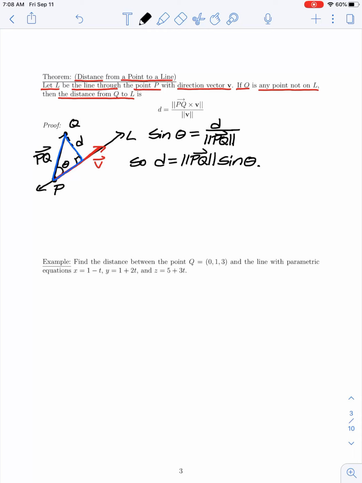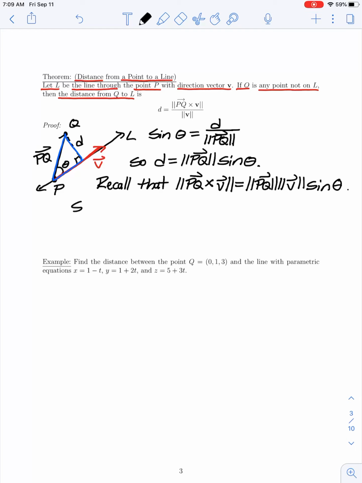However, let us recall from the previous section, section 2.4, we had a theorem for the magnitude of the cross product of two vectors. If I'm looking at the magnitude of the cross product of PQ with the vector v, one of my theorems from section 2.4 said this is equal to the product of the magnitudes of these vectors, PQ and v, times sine of the angle between them.